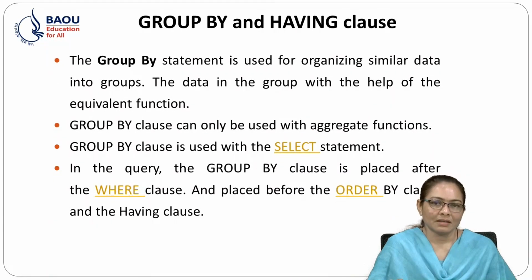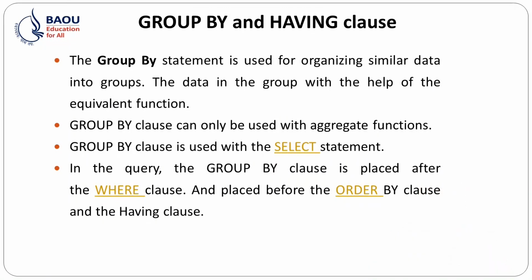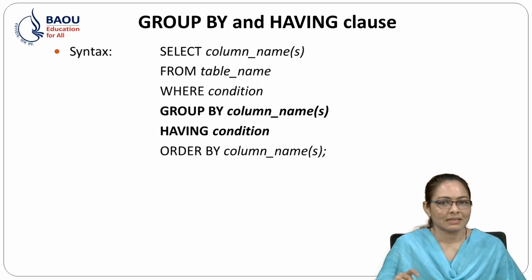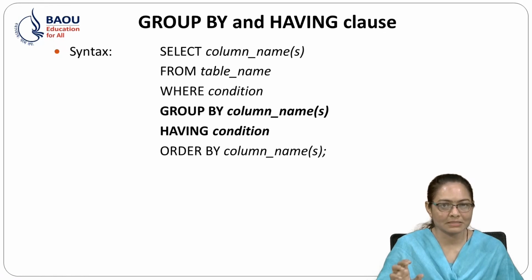Specially, the group by clause is used for collecting similar data, and the having clause is used like a where clause, with a particular condition. Now see the syntax of SQL group by and having clause: select column names from table name, where condition, group by column names, having condition.